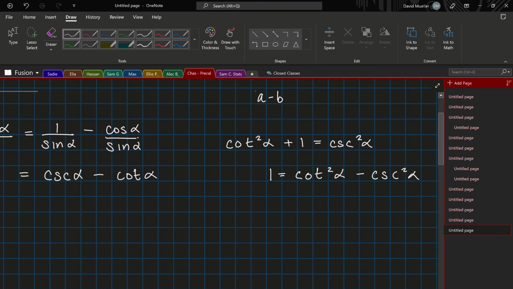A plus b, exactly. That's right. So cosecant plus cotangent would be the conjugate. Correct. So we would want to multiply it by cosecant alpha minus cotangent alpha.